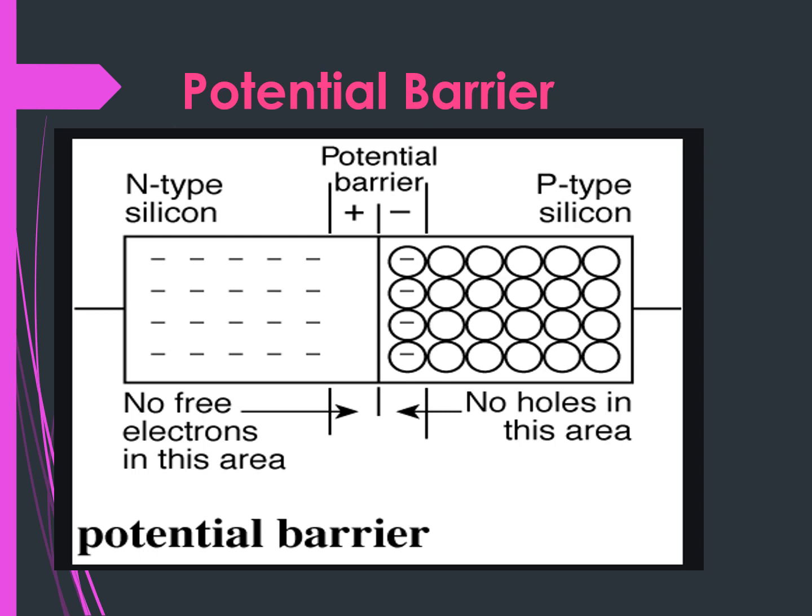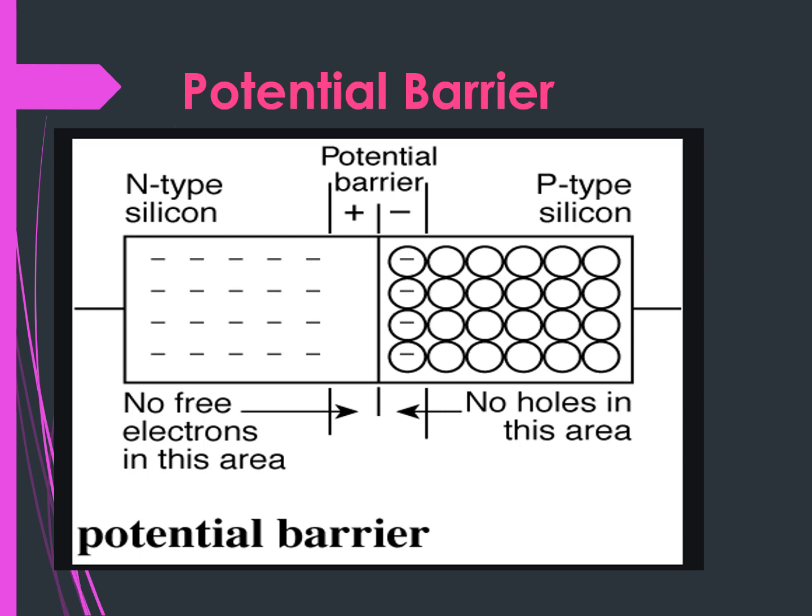Since n becomes positive and p becomes negative, a potential difference exists, and an electric field is generated across the junction, directed from n to p. Thus a potential barrier develops, as the electric field and a potential difference also develop.